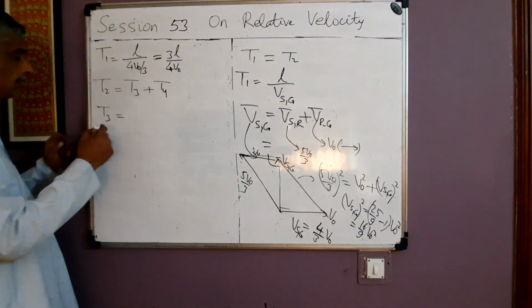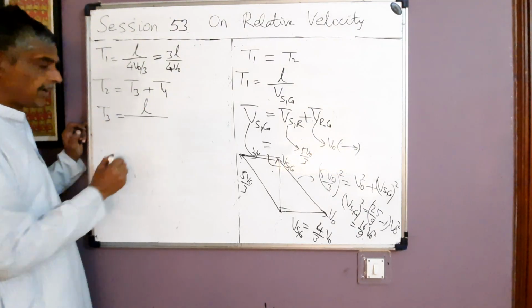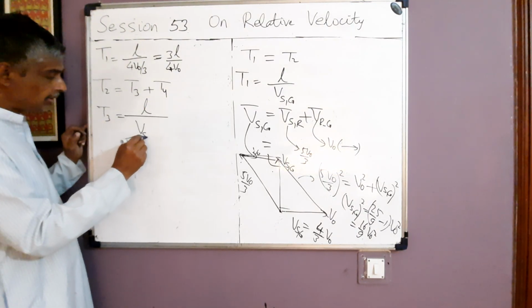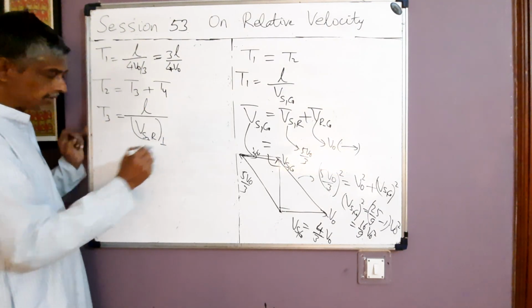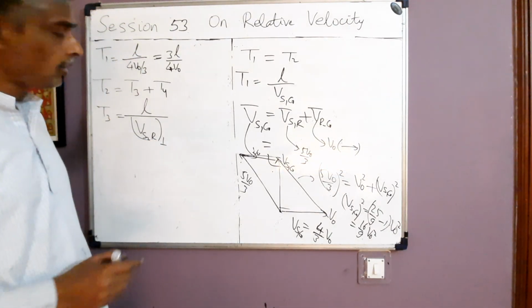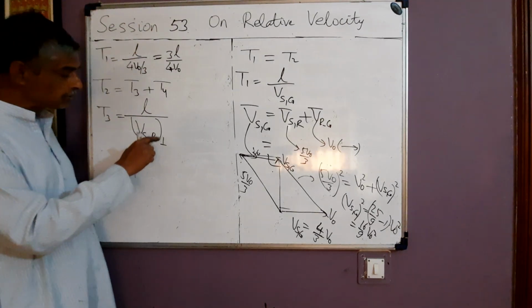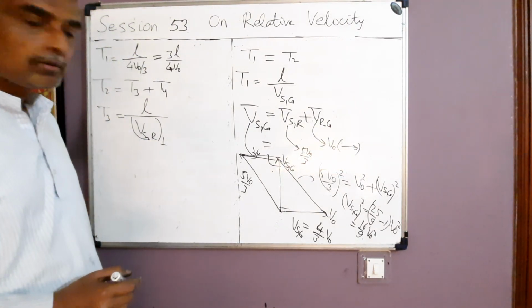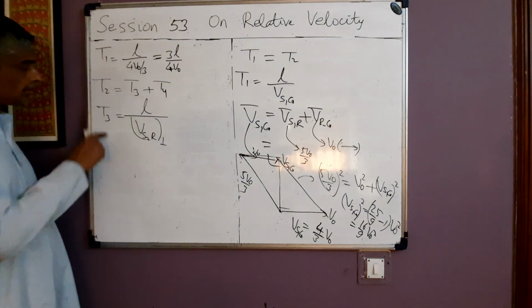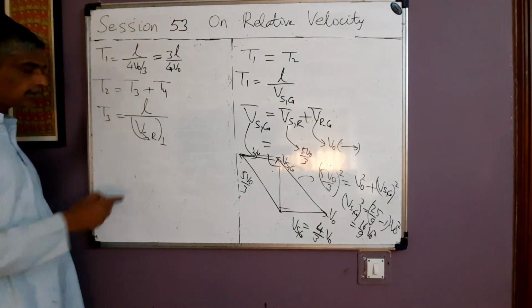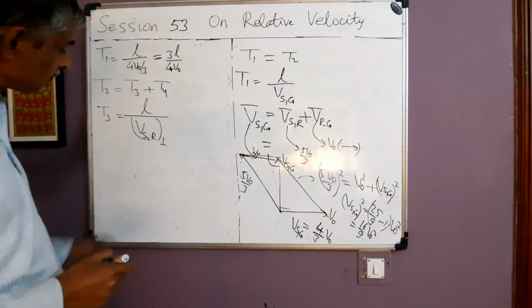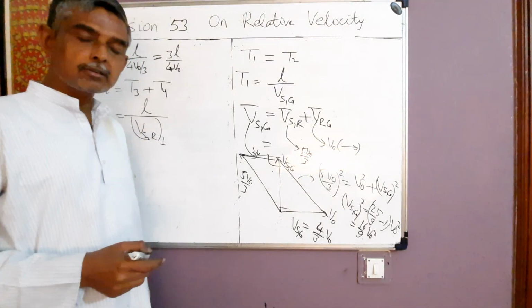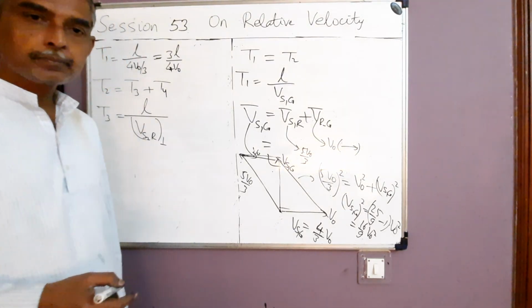So T3 will be the width of river L divided by Vs2r perpendicular. What is Vs2r perpendicular? It is the component of Vs2r perpendicular to the river flow velocity, that is, normal to the river flow direction.